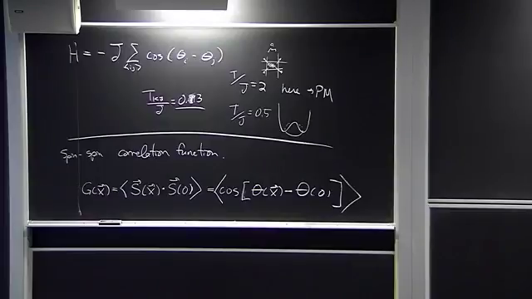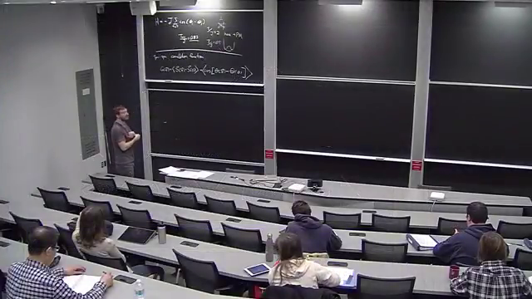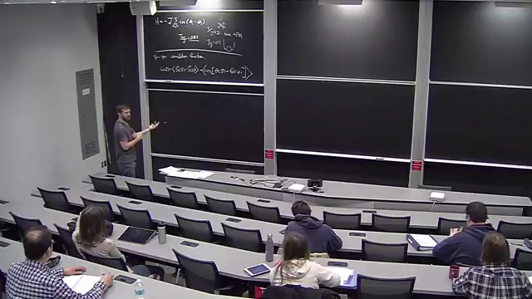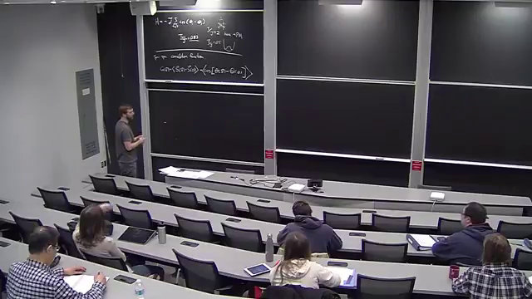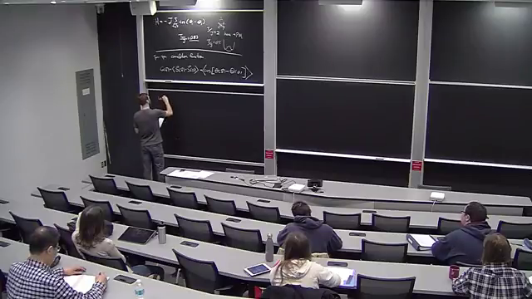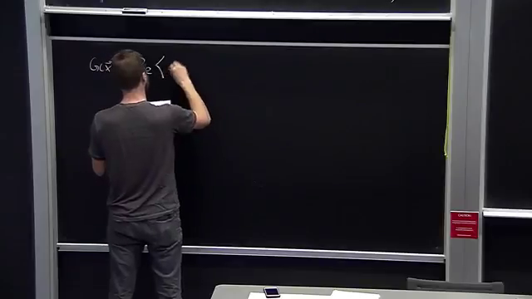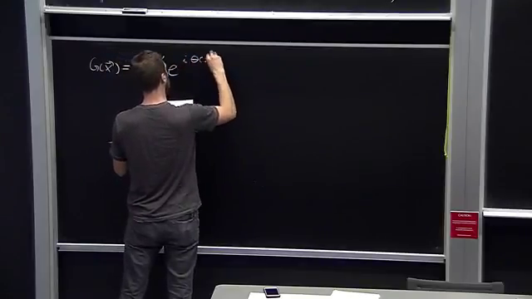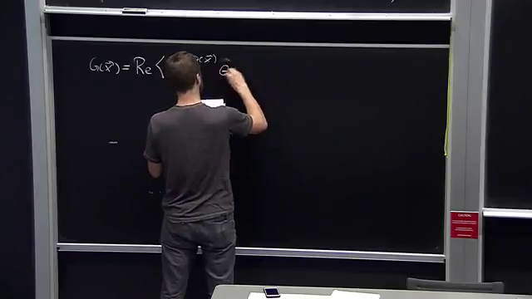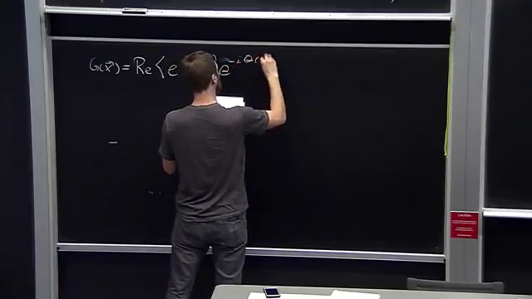And I'm just going to sketch out how it works. We'll do it by writing the cosine as the real part of an exponential, and then doing a Gaussian integration. So let me write these two exponentials like that.